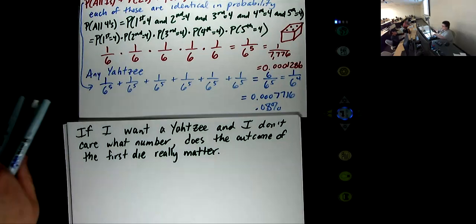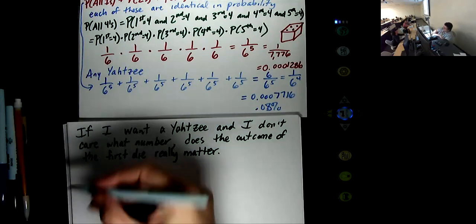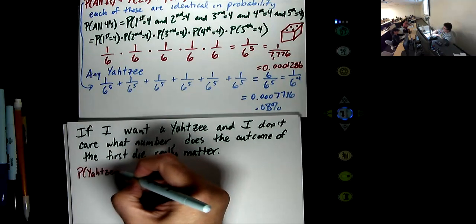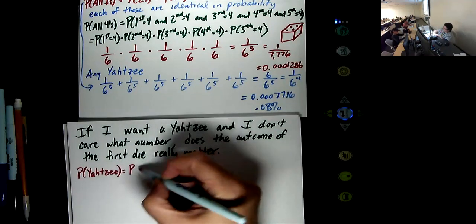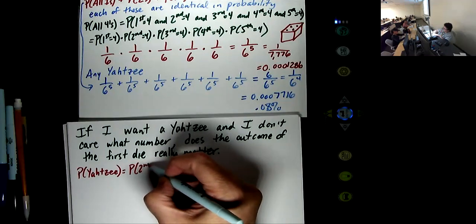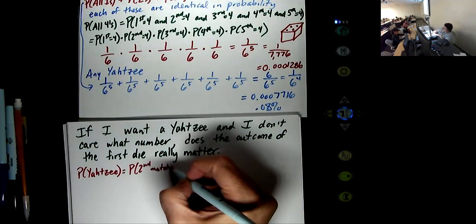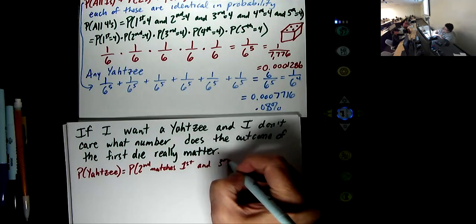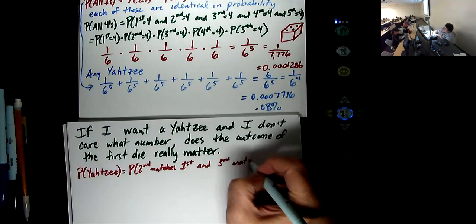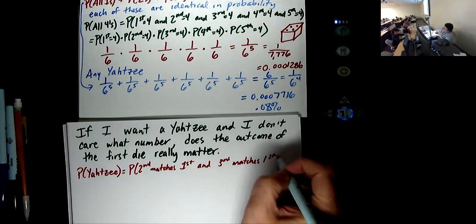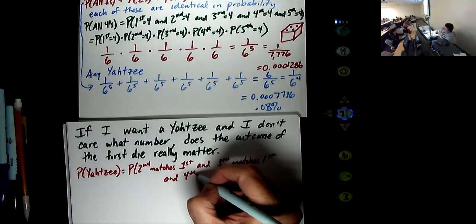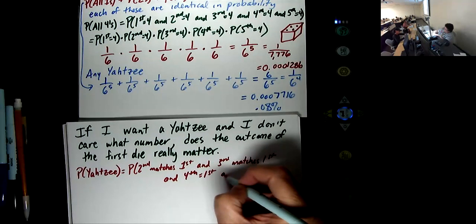We can look at this same thing as doing the probability of a Yahtzee is the probability that the second matches first and third matches first. And you go through this and you do fourth equals first and fifth equals first.